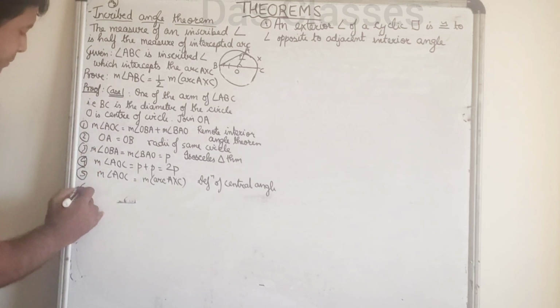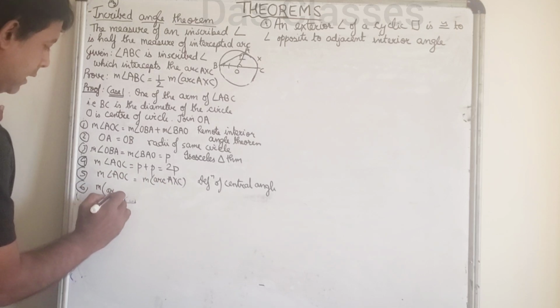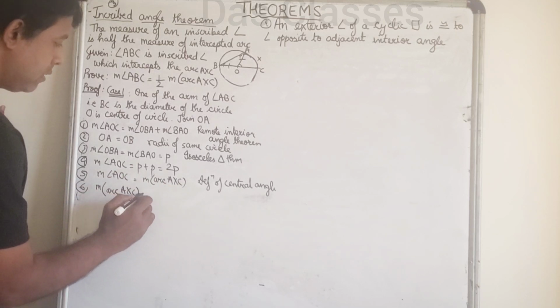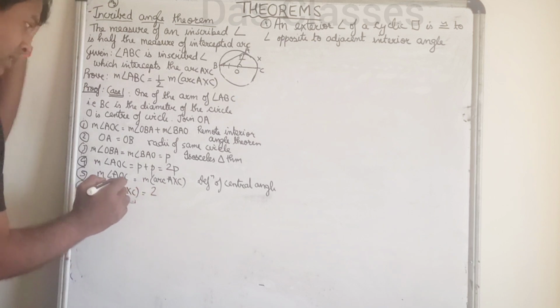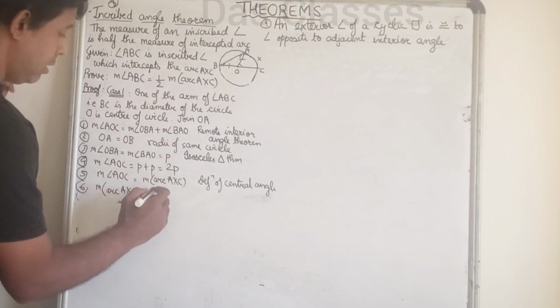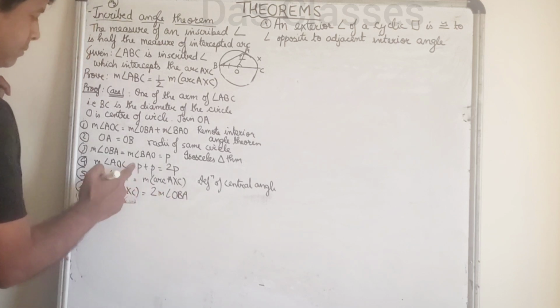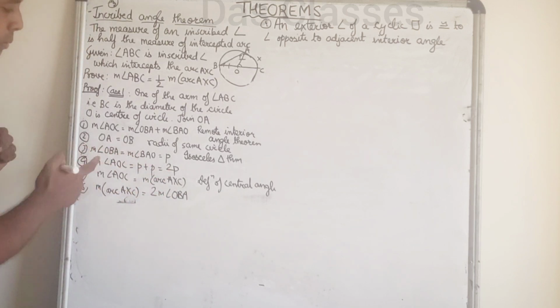So instead of writing measure angle AOC, I can write measure arc AXC will be equal to twice, and instead of P, I can write measure angle OBA, because P is the same as OBA or BAO.